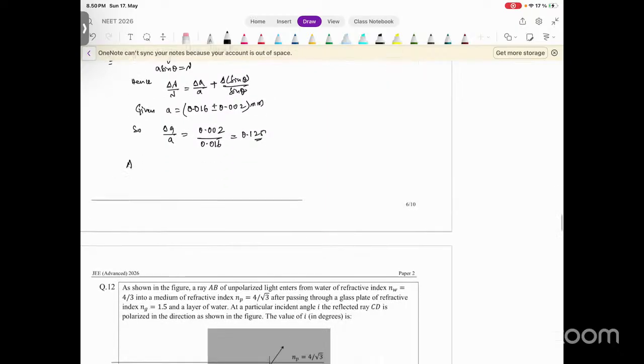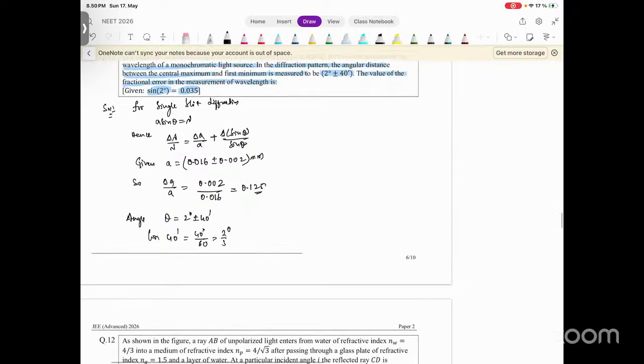Now the angle: theta equals 2 degrees plus or minus 40 seconds. Converting, 40 divided by 60 gives 2 by 3, so 2 by 3 degrees. For small errors, delta sine theta divided by sine theta can be approximated as delta theta divided by tan theta.